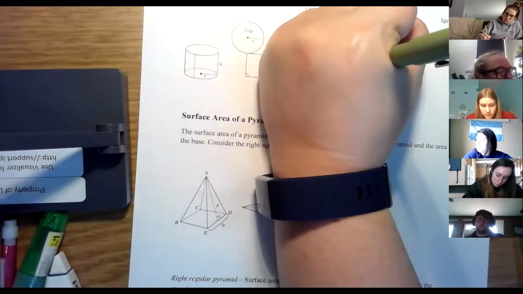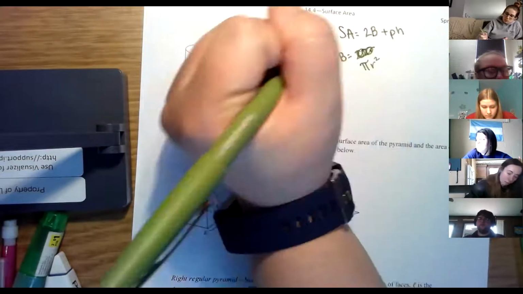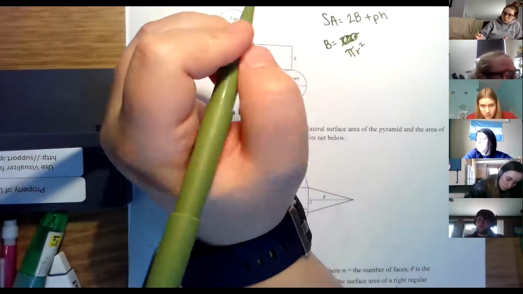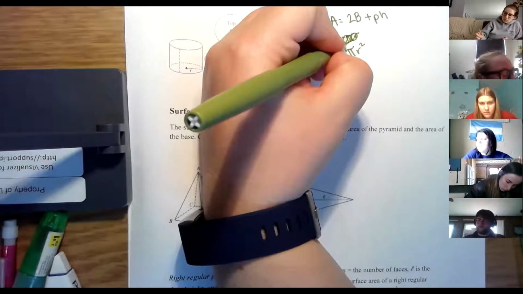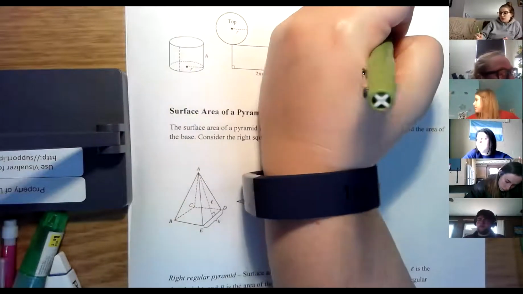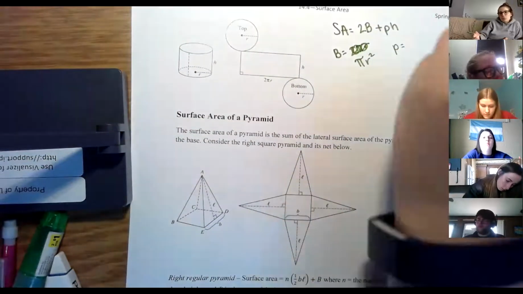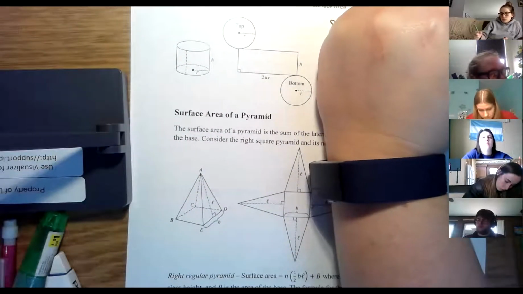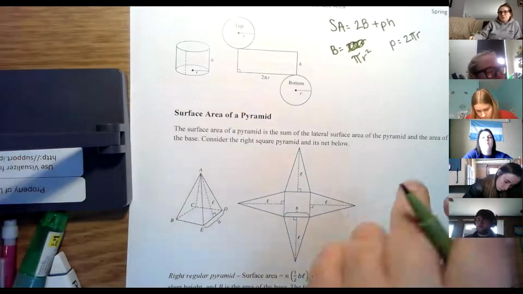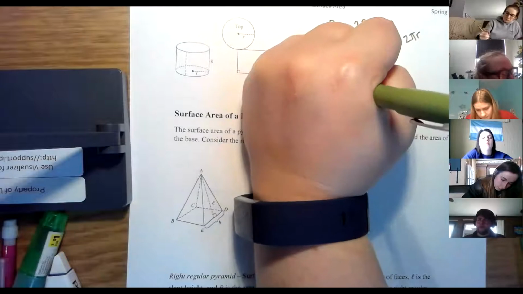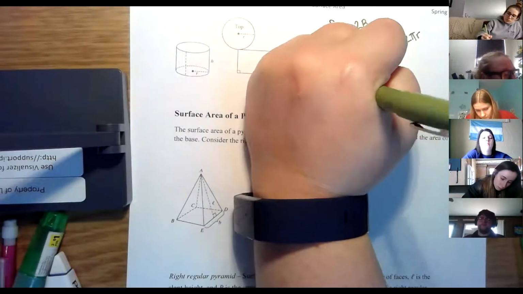Area of the base is pi r squared. And then the perimeter, that's the circumference of the base, so that's going to be 2 pi r. If I substitute these things in, I'll have the surface area for a cylinder.